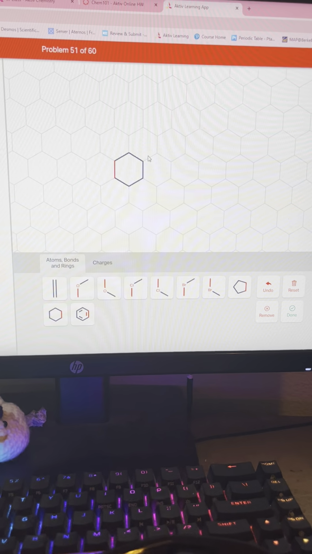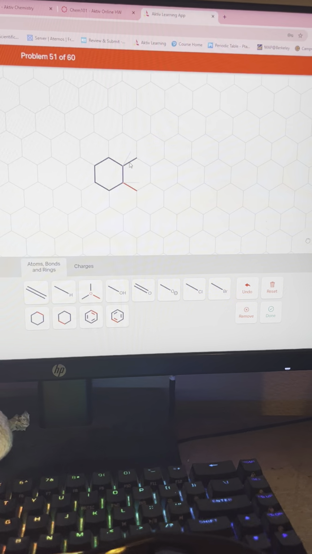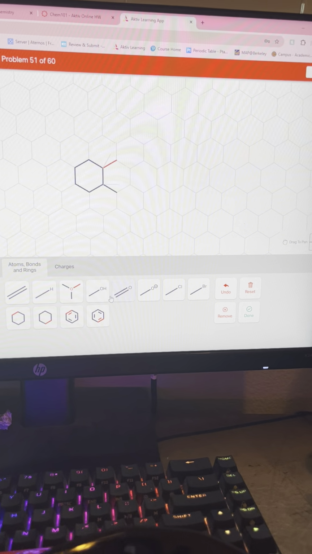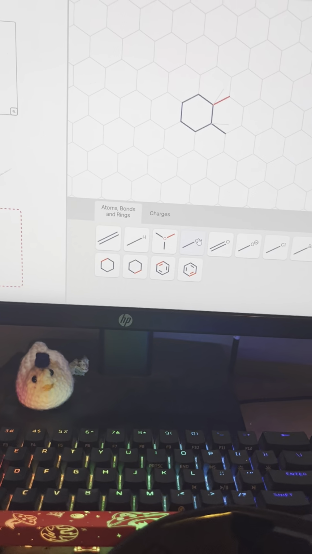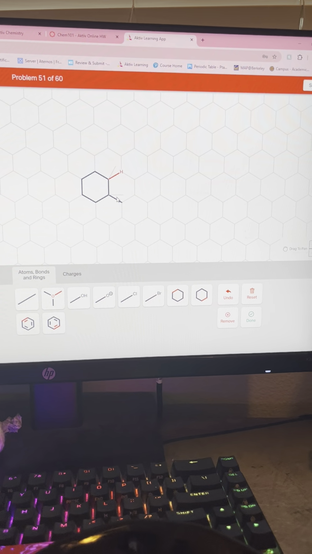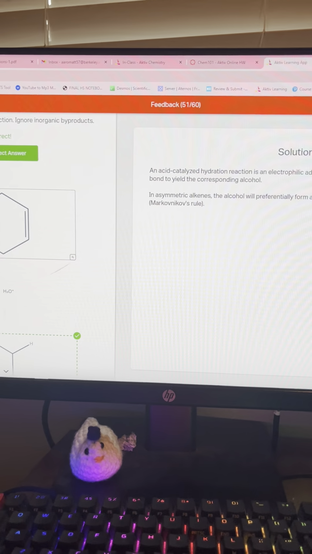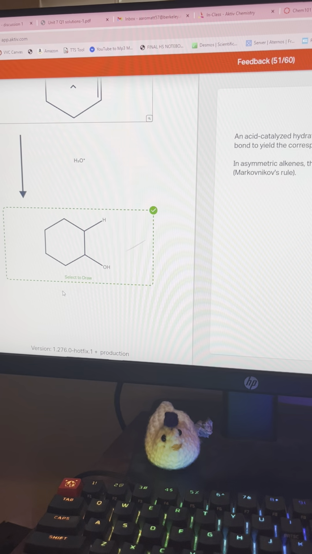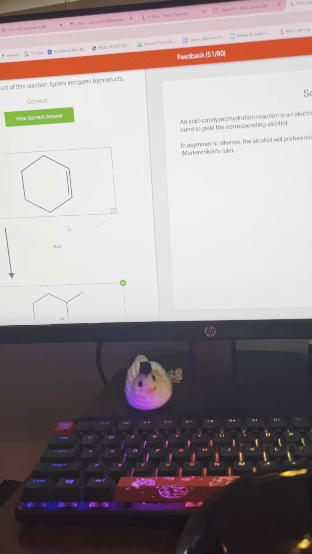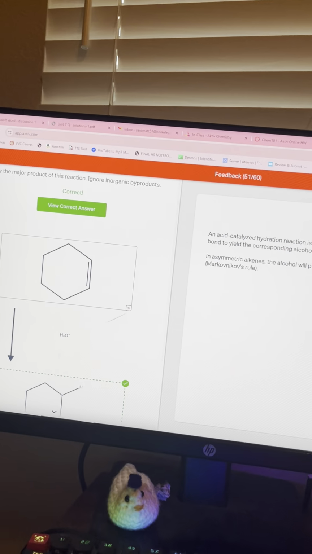And if it's over here, that means that this will be the H, and this will be the OH, like that. Okay. So those are hydration reactions, like that.